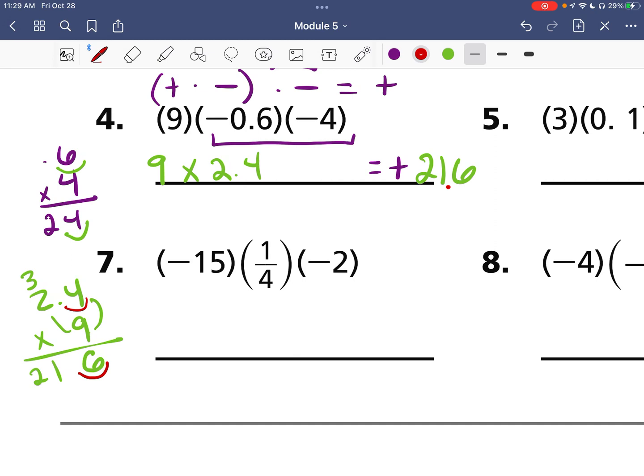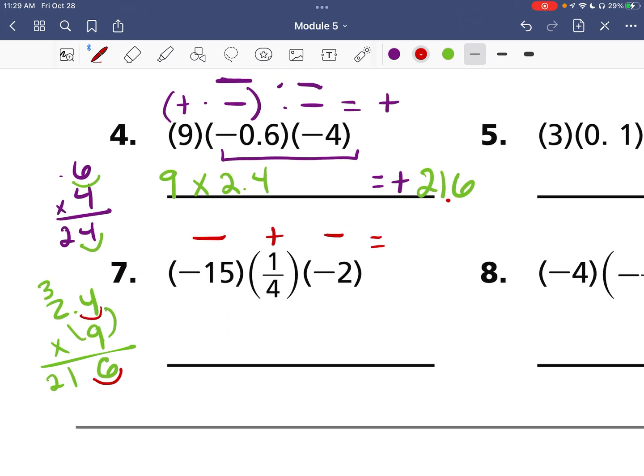For our last one here, we have a negative times a positive times a negative. We've done this. We know that our answer, just like up here, is going to be a positive. And then let's group these two together because we can simplify just a bit. 1/4 times 2 over 1. 2 goes into itself once, into 4 twice.